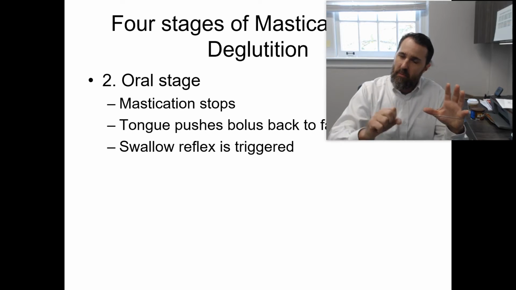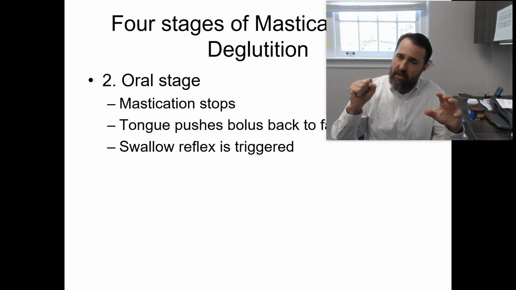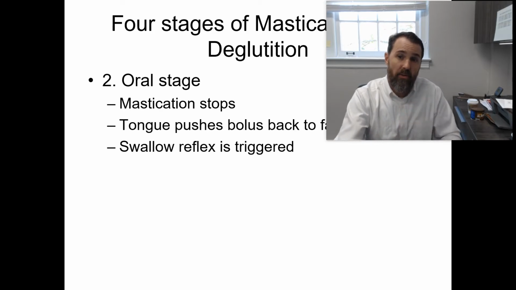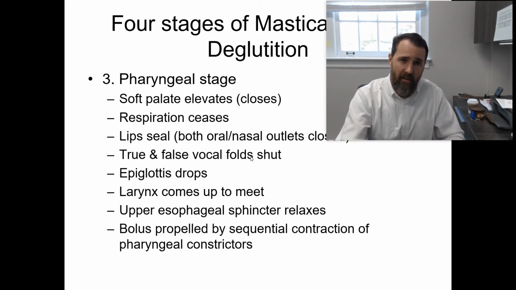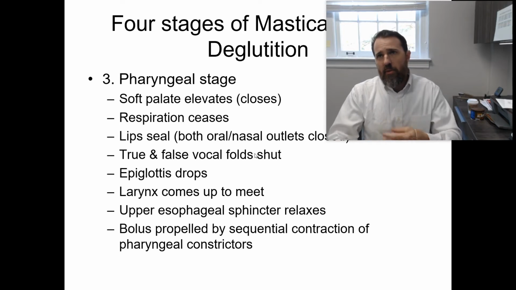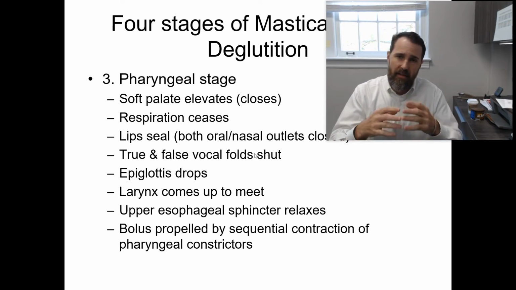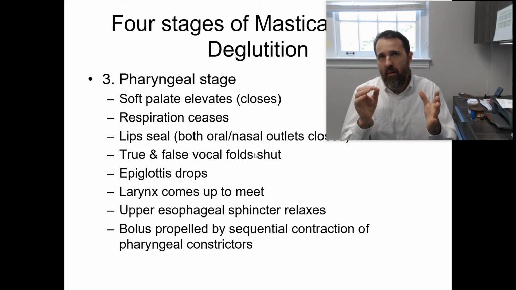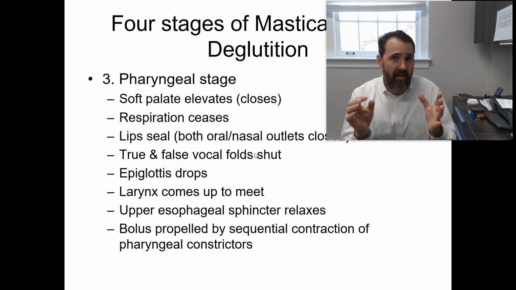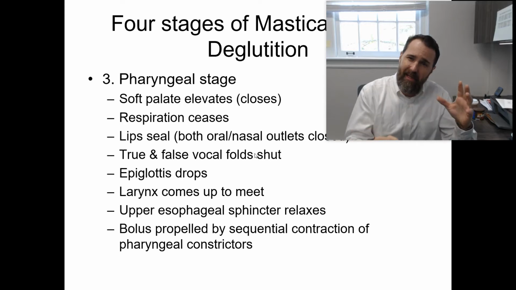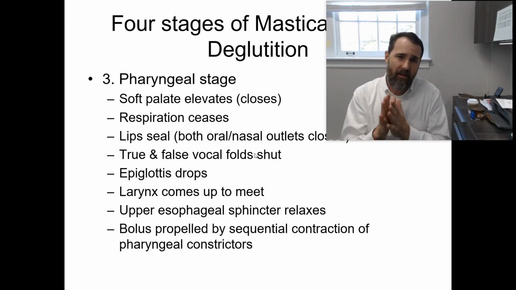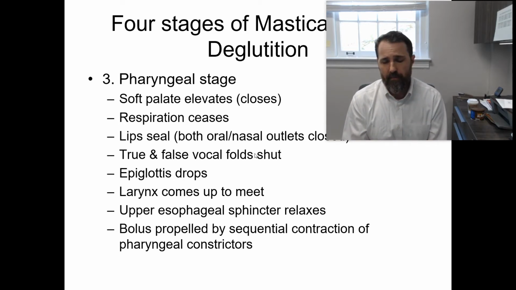As that bolus reaches the posterior faucial pillars, your swallow reflex or your pharyngeal swallow reflex is going to be triggered. It's going to be triggered either at the end of the oral transit stage or perhaps at the beginning of the pharyngeal stage of the swallow, and that's going to vary by person and maybe by the age of that person.